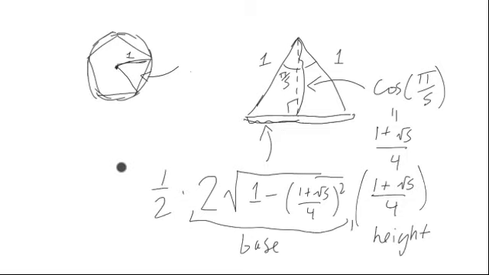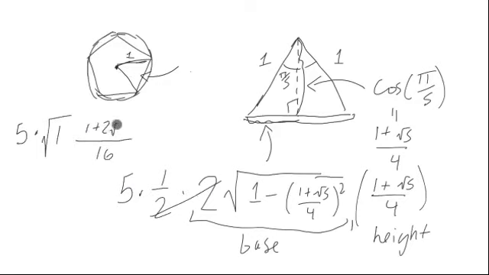And of course, if we multiply that area by 5, then we'd have the area of the whole pentagon. So those cancel, and we can work a little bit with this fraction in here. We have 5 times, and let's rewrite that as the square root of 1. Let's multiply this out. That would be a 16 down there, and then we have 1 plus 2 root 5 plus 5.